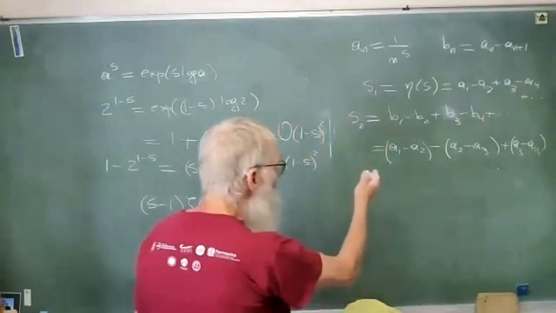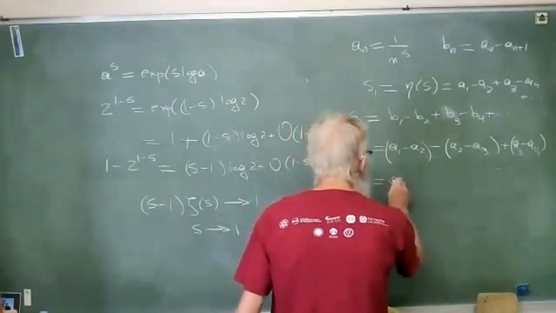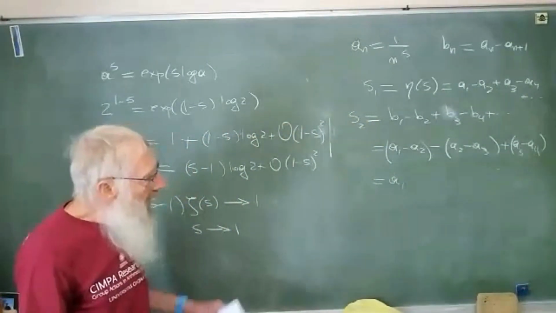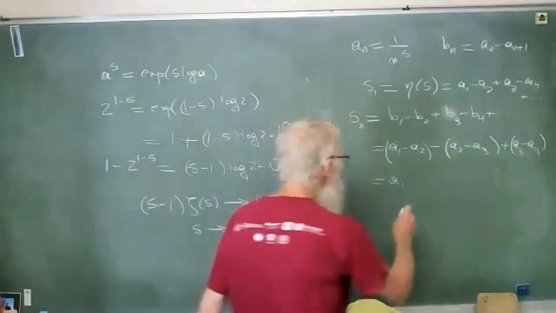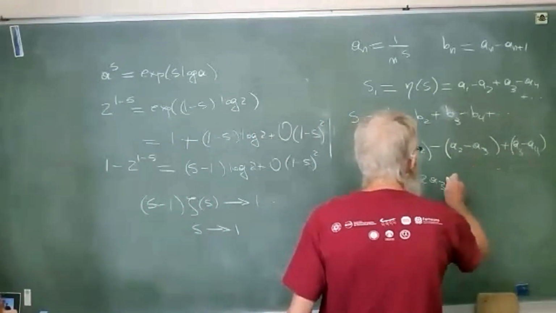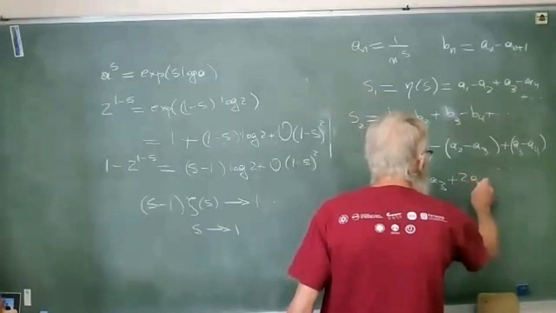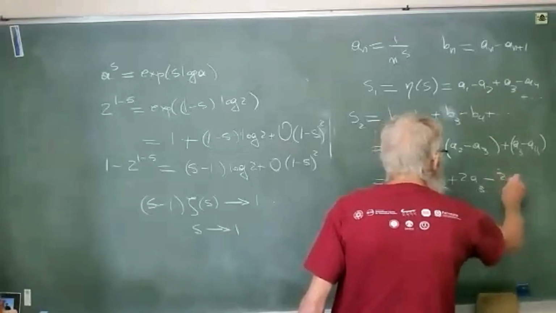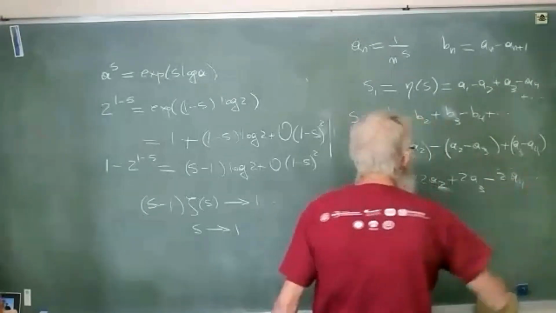So what do we get? We get A1, and then it is again a kind of telescopic series. A2 occurs twice, so minus 2A2. A3 occurs twice with the plus sign, 2A3, minus 2A4, and so on.